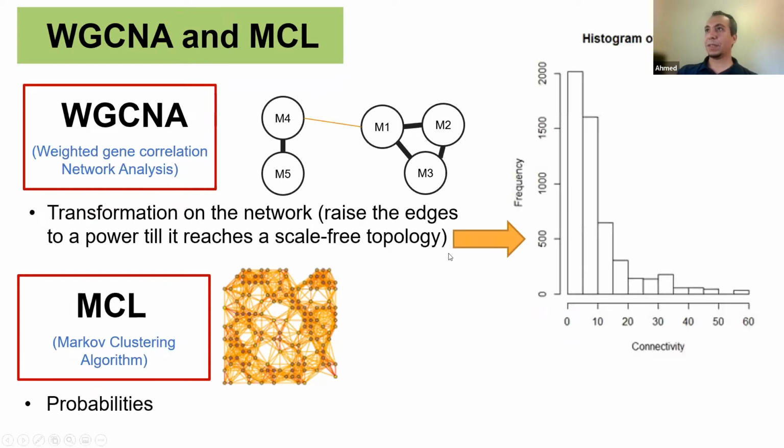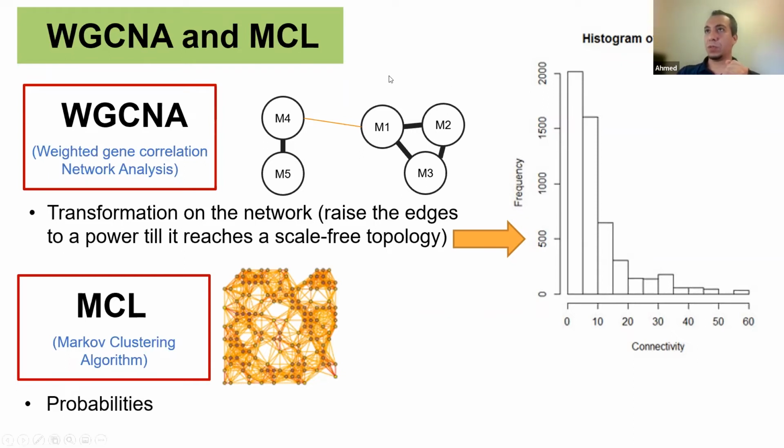The second difference is the kind of data or network modifications that you apply. And this is a key difference between WGCNA and other tools. For the transformation step that you're doing on the network, for WGCNA, you are trying to transform these edges by raising them to a power. And you do this iteratively, as we're going to discuss soon.